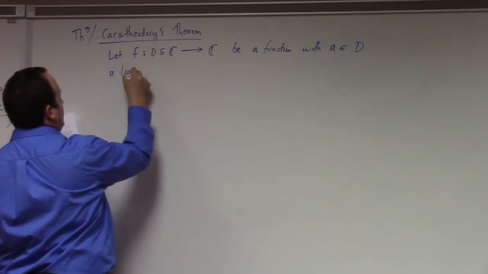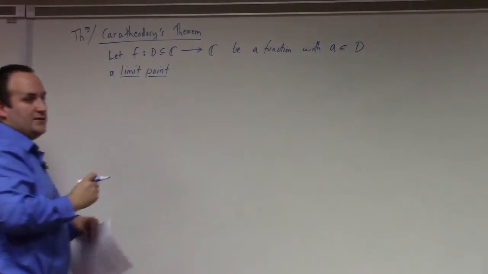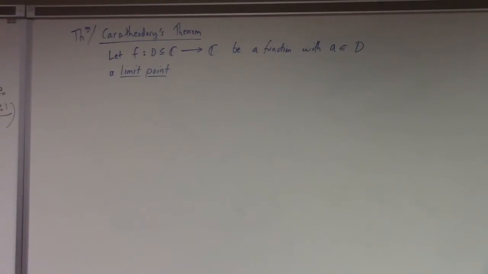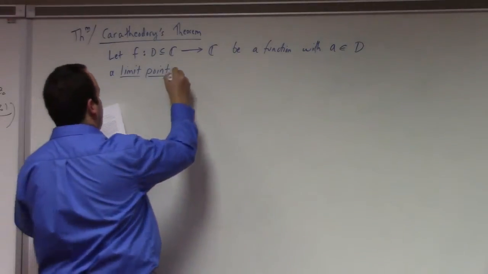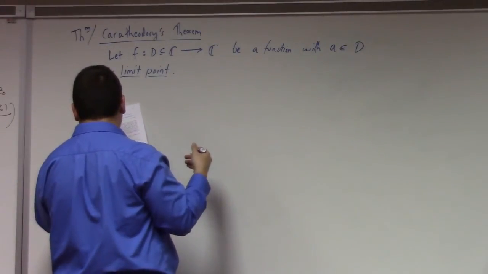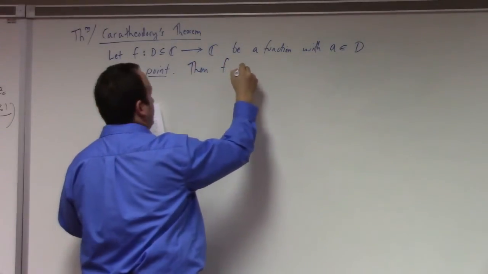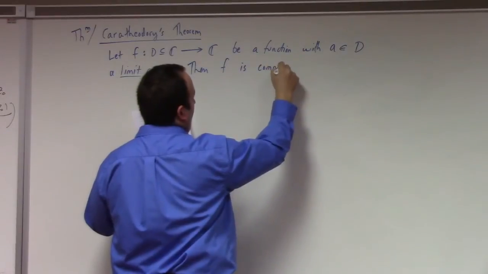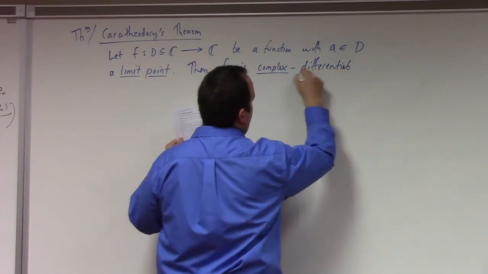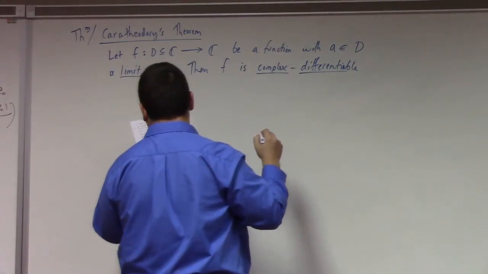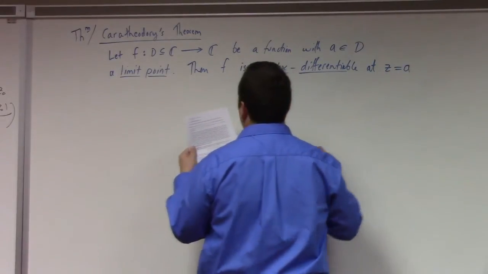What that means, a limit point, is simply that there are lots and lots of points in the domain near that point, so you can sensibly formulate a limit. Or there's an open disk around that point. Then f is complex differentiable at A. I'll say z equals A since it's easier to think about.